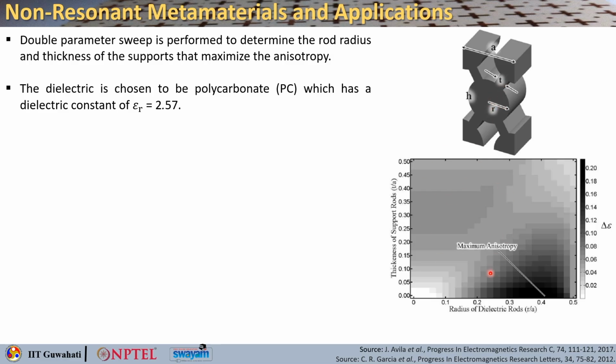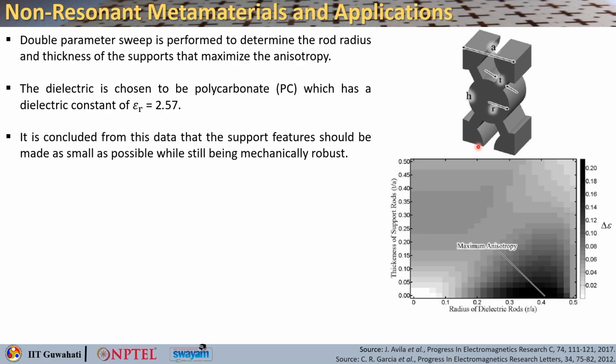So this kind of a study plots the thickness of the supporting rod, T by A, where A is the lattice period, and then here you have R by A. This is the normalized plot, and it shows that the maximum anisotropy can be achieved when the radius is 40% of the lattice period, but you need to keep the thickness of the support rod as minimal as possible.